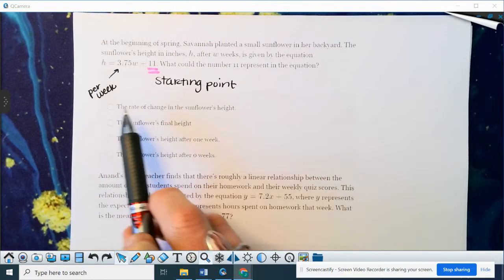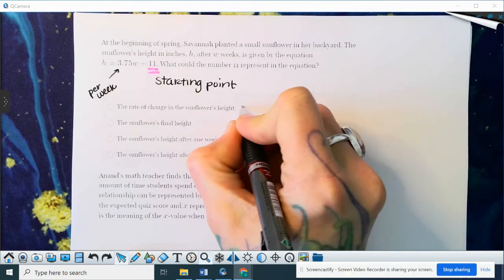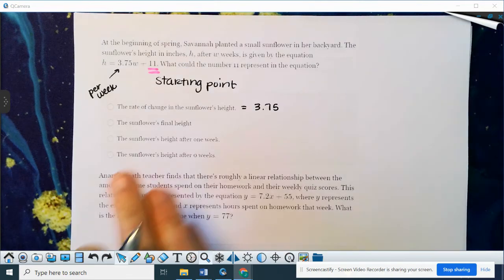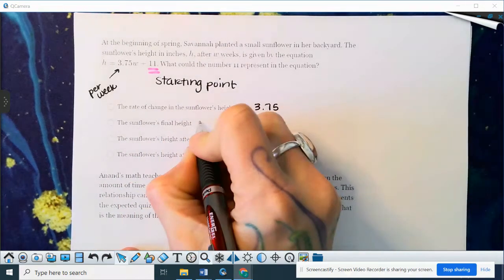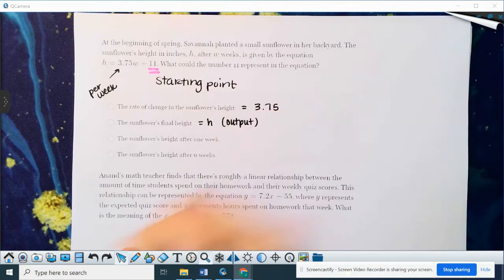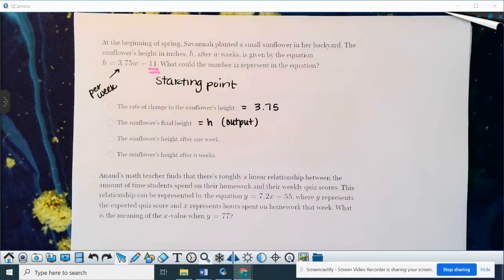So the rate of change in the sunflower's height, in this case, is not 11. That is the 3.75 inches per week. The sunflower's final height would be your h, so that's your output. Your input would be however many weeks you were to track it, and then your output, your y value, would be the final height.